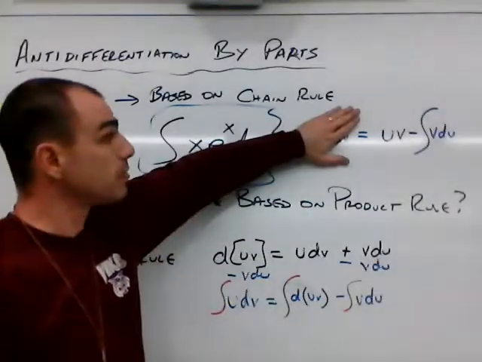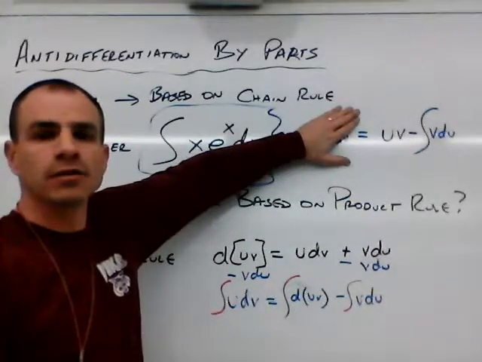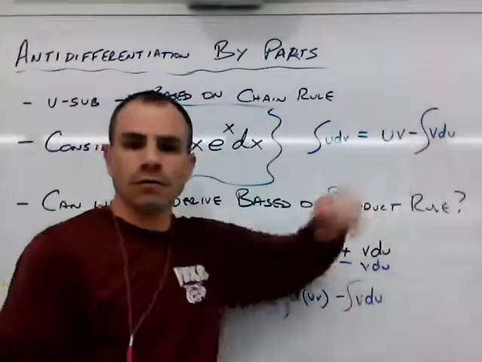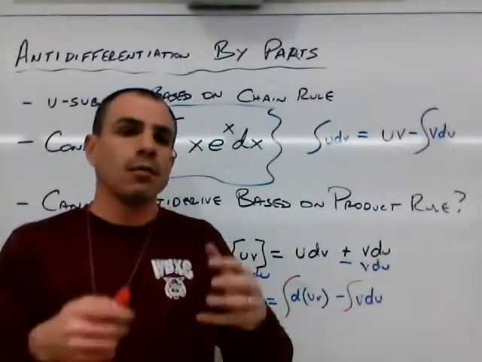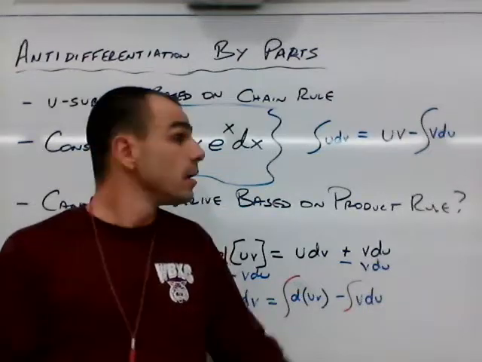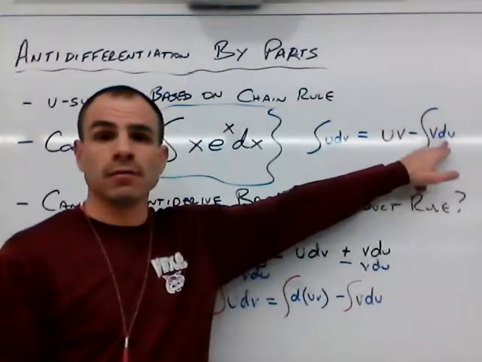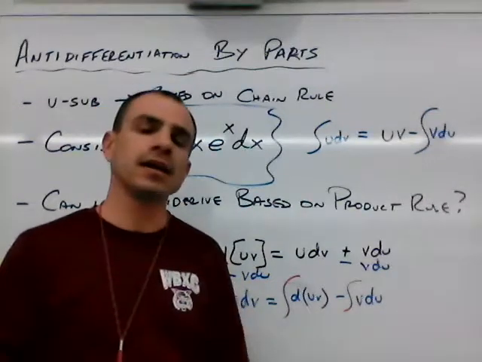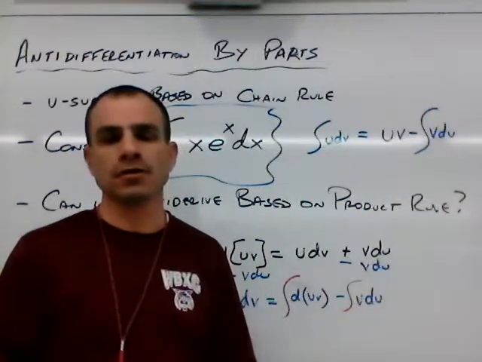So what ends up happening is we have this as our answer: an antiderivative that involves an antiderivative. But hopefully, this antiderivative is one which we can actually find. That's the idea behind antidifferentiation by parts.